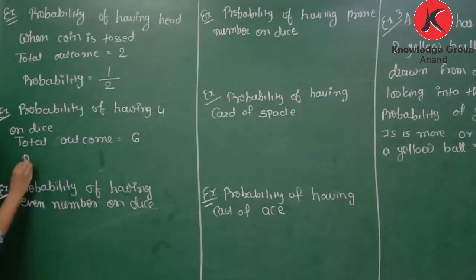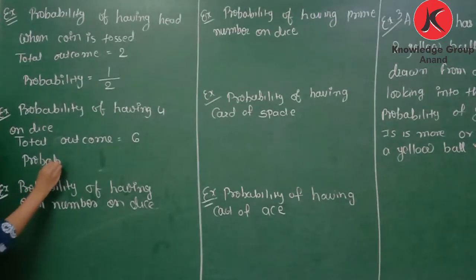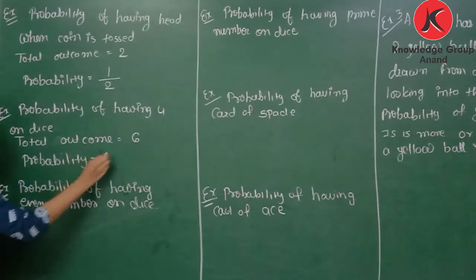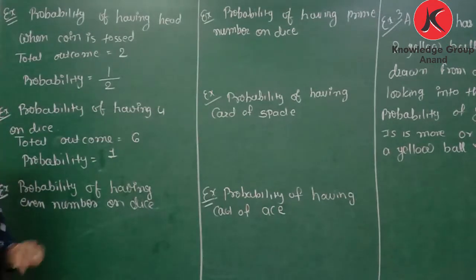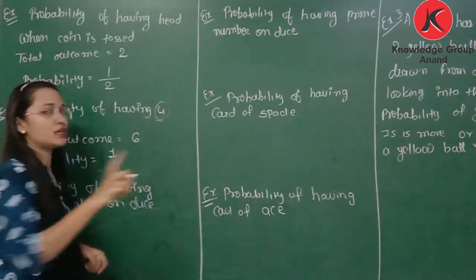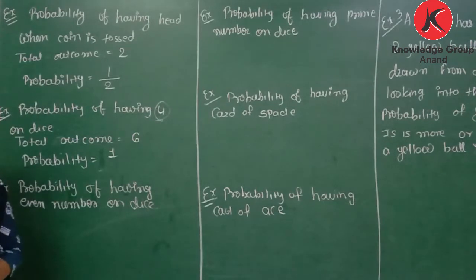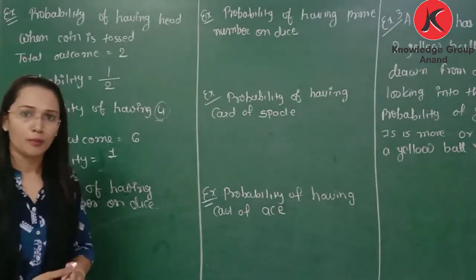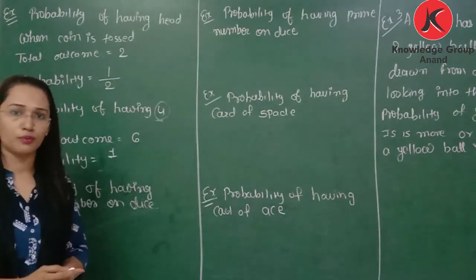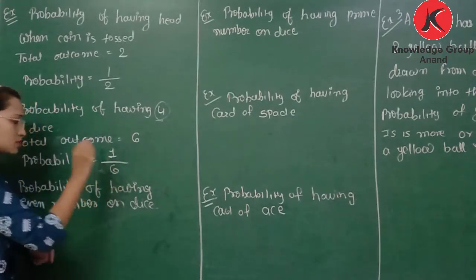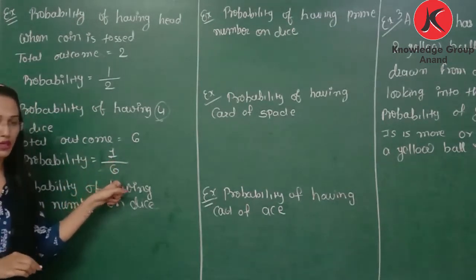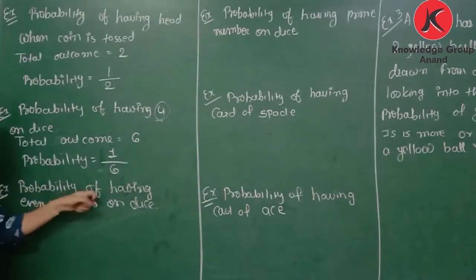So our favorable outcome is only 1. Remember that 4 is a number, that is not the favorable outcome. Outcome is how many times we have 4, but there is only one side that has 4. So favorable outcome is 1 and total outcome is 6. So that is 1 by 6. Clear?